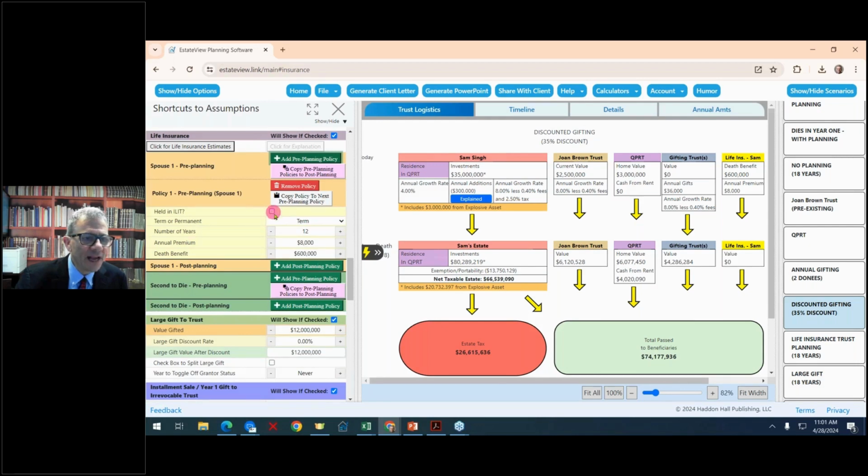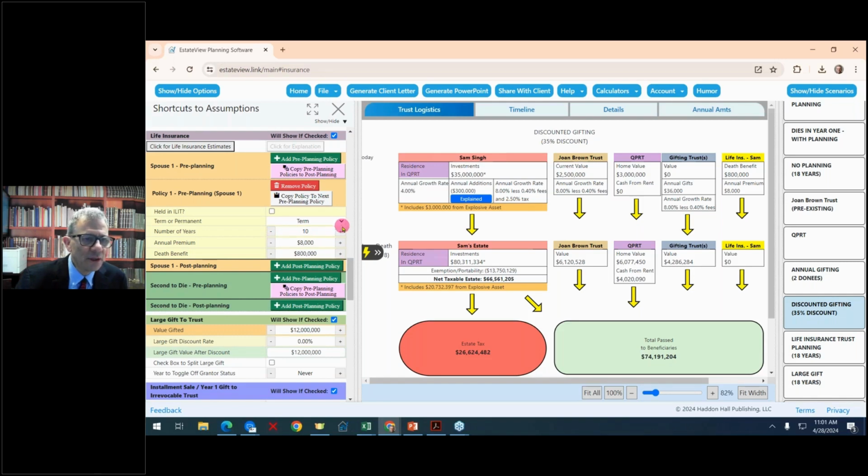I can provide whether it's in an irrevocable life insurance trust, also known as an ILIT, whether it's term or permanent. If it's term, the number of years of the term policy, the annual premium, and the death benefit.